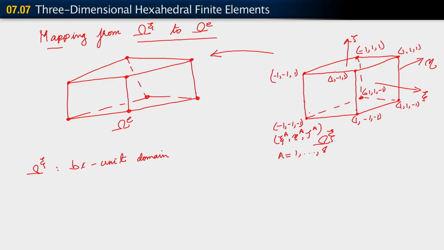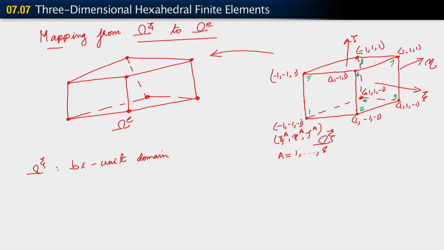So just so that we can distinguish things, I'm going to use a different color here to mark our nodes. I'm going to write the local node numbers. There are only local node numbers, of course, in the parent domain, but we're going to call them 1, 2, 3, 4, 5, 6, 7, 8. Okay, those are the values taken on by A in the parent domain.